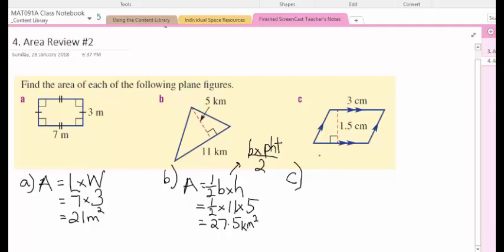It's not one of the ones I've asked you to learn, but it's interesting anyway. It's a parallelogram, and it works out just like the area of a rectangle. So the amount of space you lose on one side is the same as the amount of area you gain on the other. So that'd be just like length times width. 3 times 1.5, which is 4.5 centimeters squared.